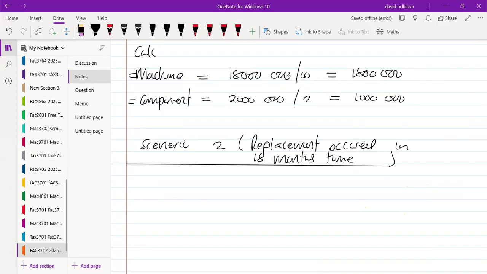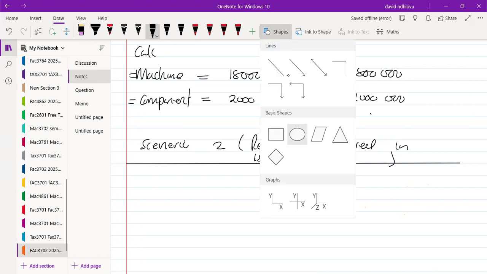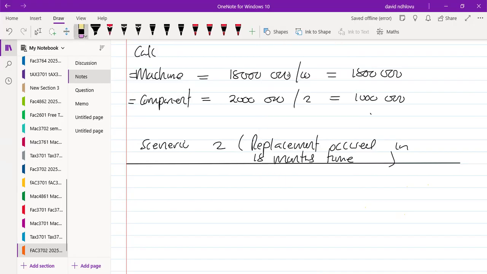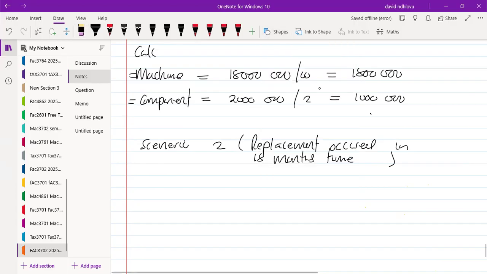But it can happen that maybe the component malfunctioned at some point before the 2-year period, and we had to replace it earlier. The replacement is still the same, 2.5 million. So how do we account for that if there is a happening of that nature? Right, so what we are going to do is a similar calculation again, but this time there's going to be a small twist.